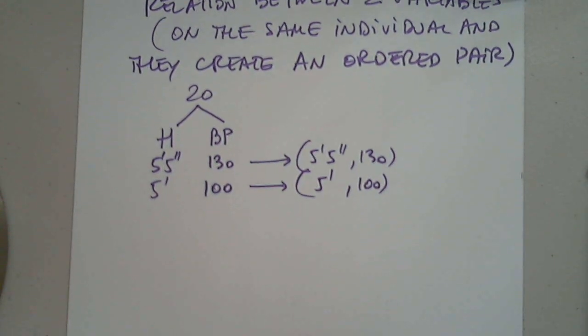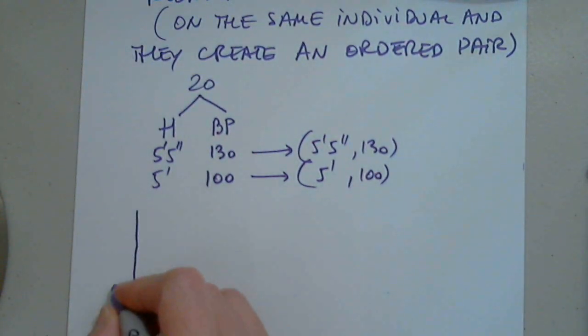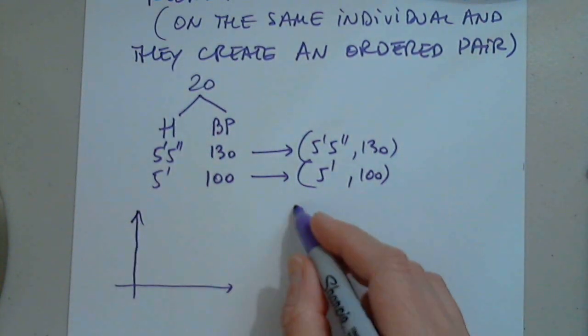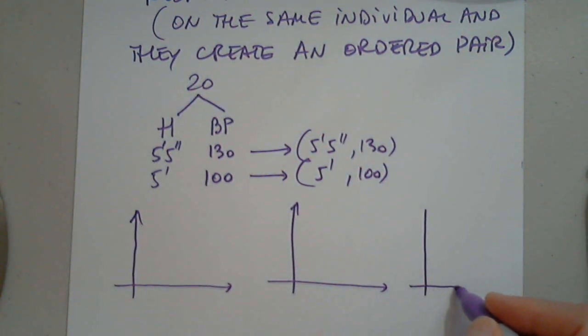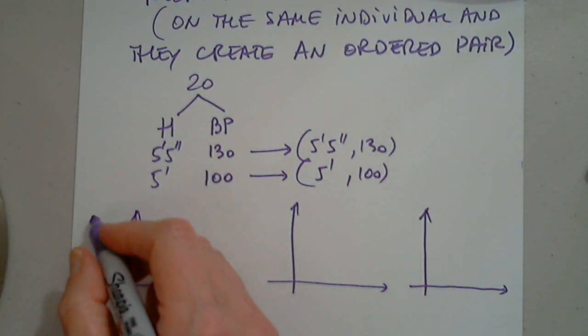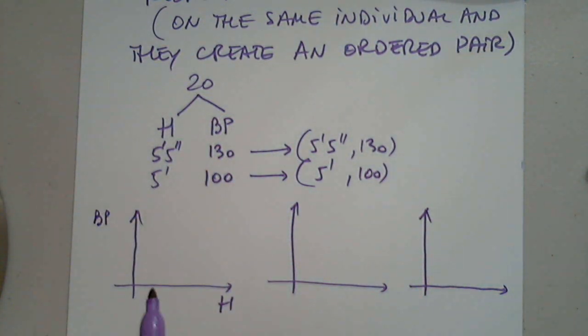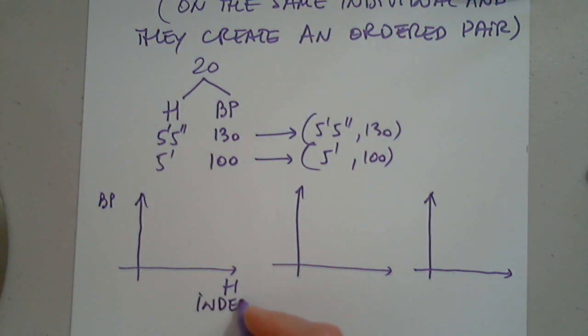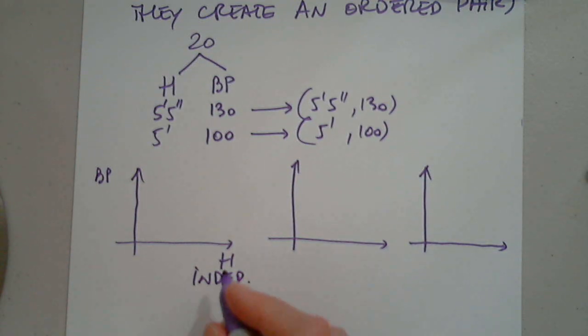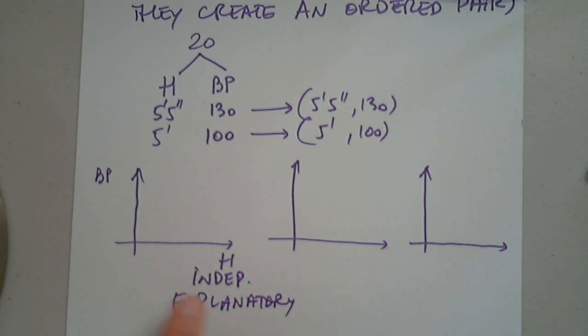What do I do with all these? First of all, I establish which one I want to consider the x variable. Let's say the height and the blood pressure. In my example, height is the independent variable, also called in statistics the explanatory variable. It explains this.